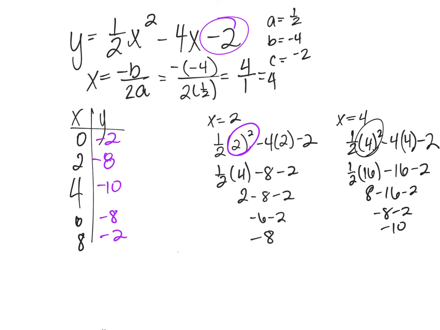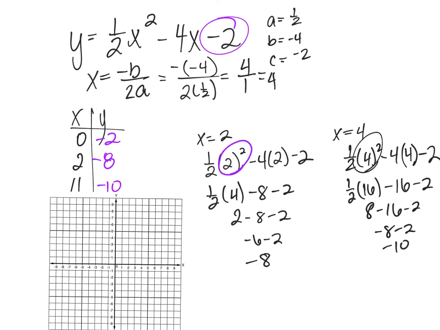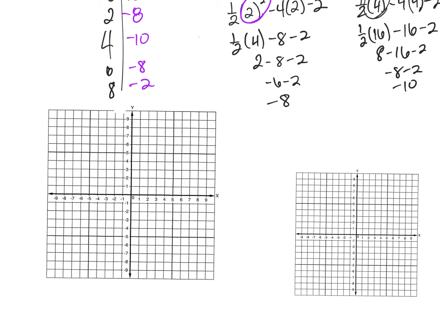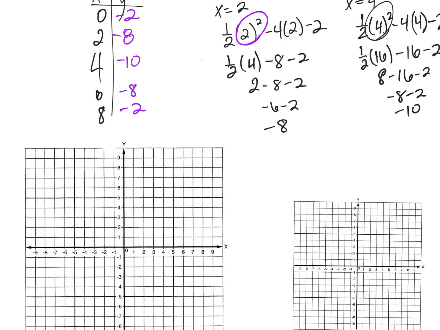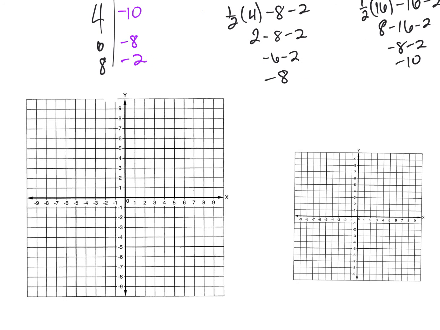All right, now we're going to graph it. I already have this. These are all negatives, so at 4, we're at negative 10.